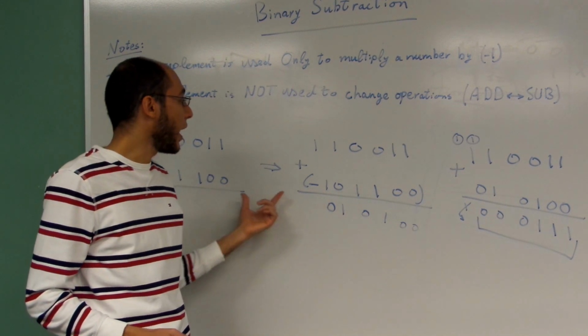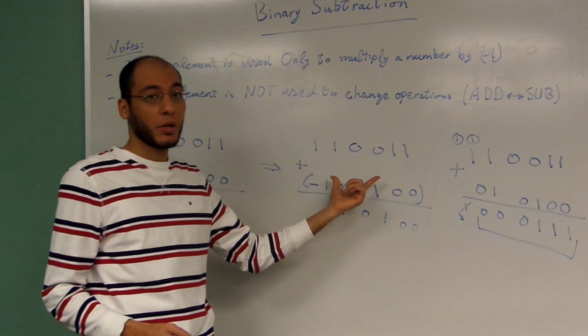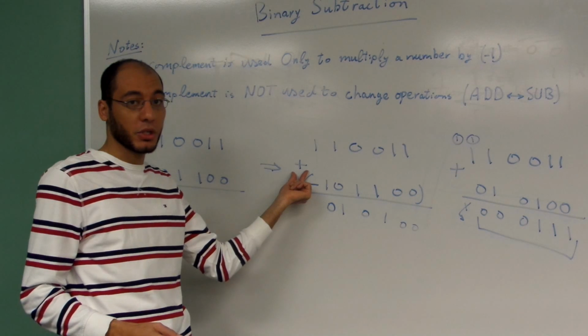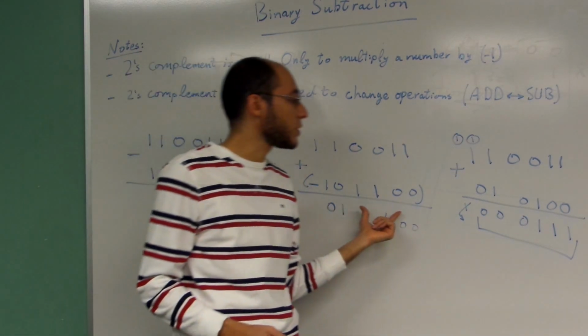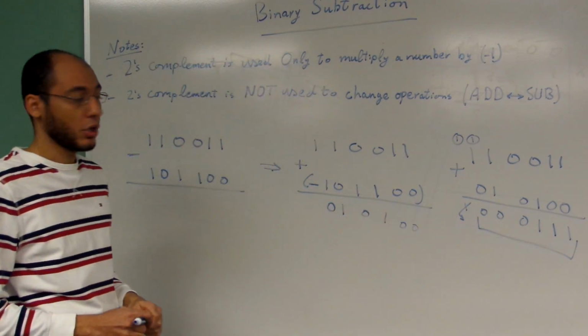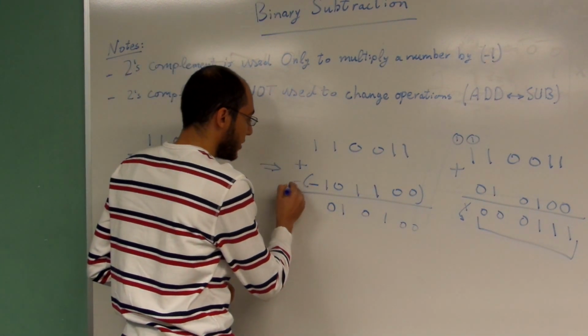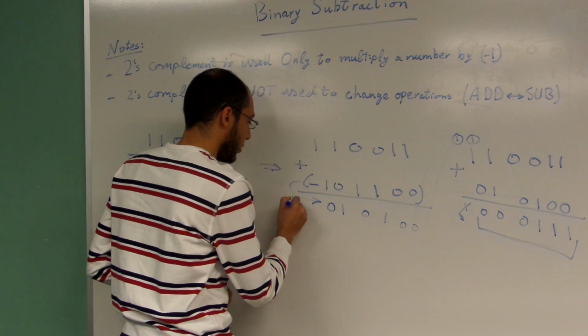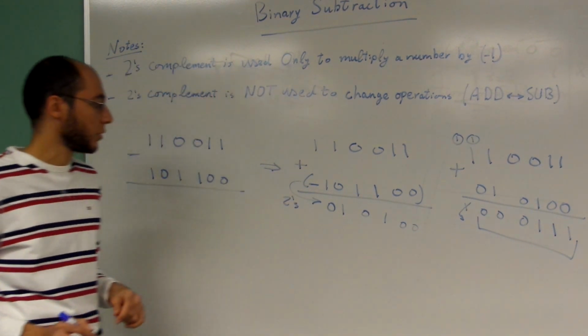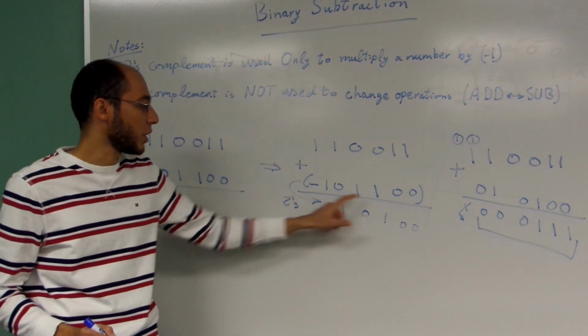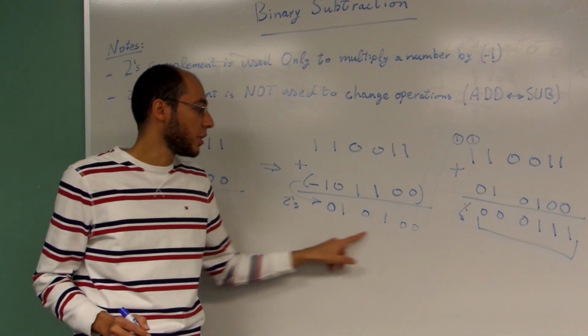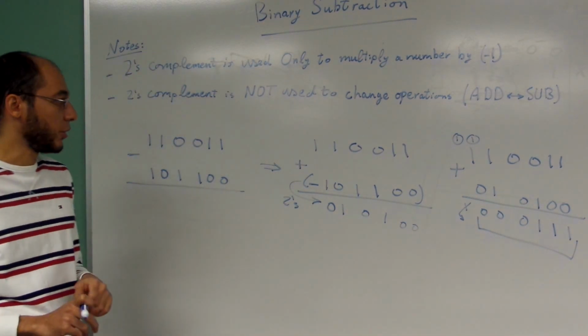This is why I want you first to convert the operation to an addition operation, and after that you convert the number to its 2's complement. So remember that from here to here, we're not doing the addition operation, this is just the 2's complement of the number.